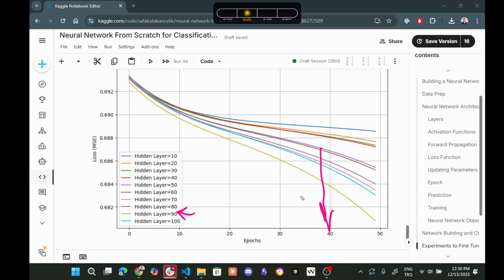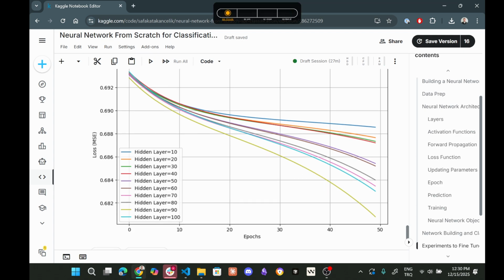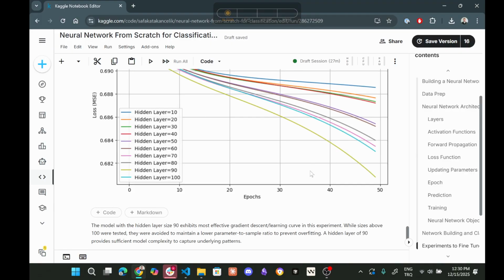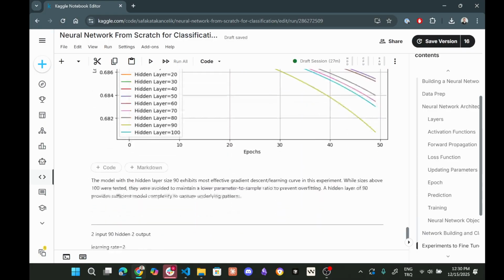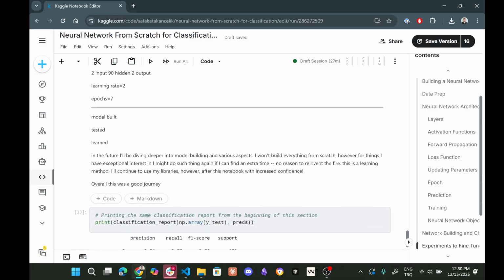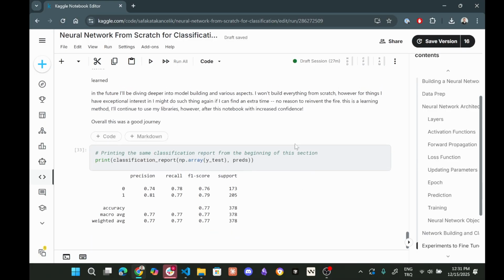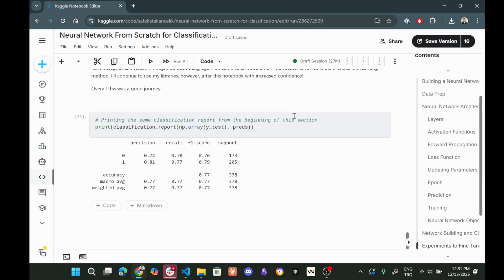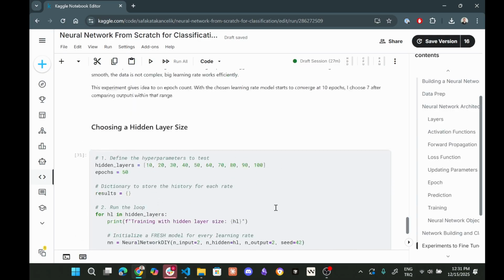But the 90 did something interesting and jumped over the 100, and because of this, I wanted to choose 90. It was the hidden layer size with the most effective gradient descent. Based on these is the model I have as the results.